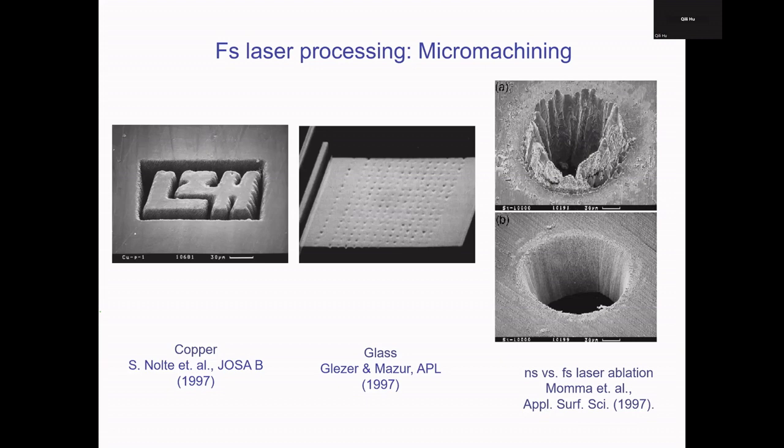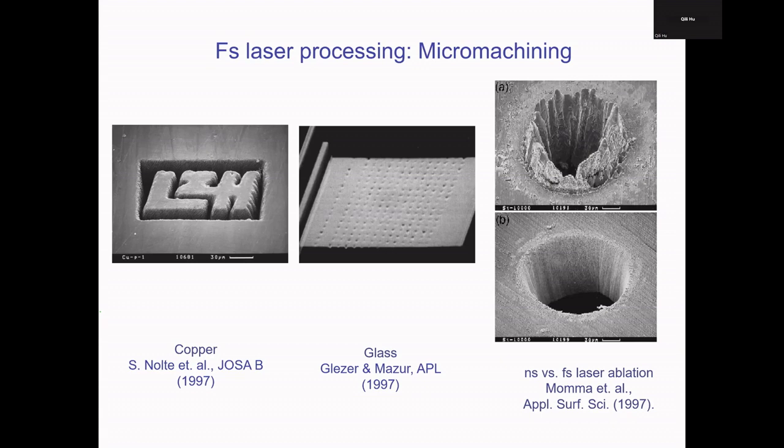At the very beginning, what they were looking at was micromachining. They used the femtosecond laser to try to create very precise cuts, usually at micron scales. So this is really carving work, right?